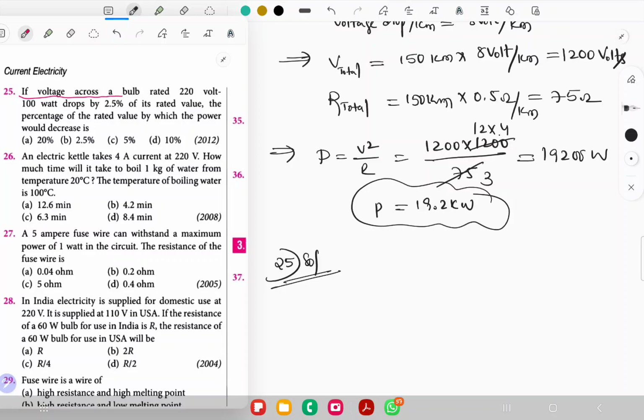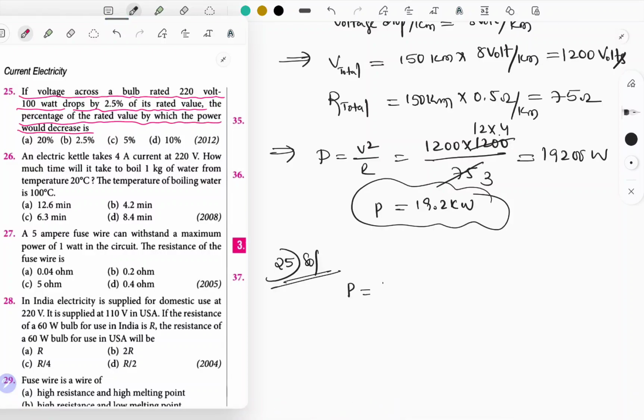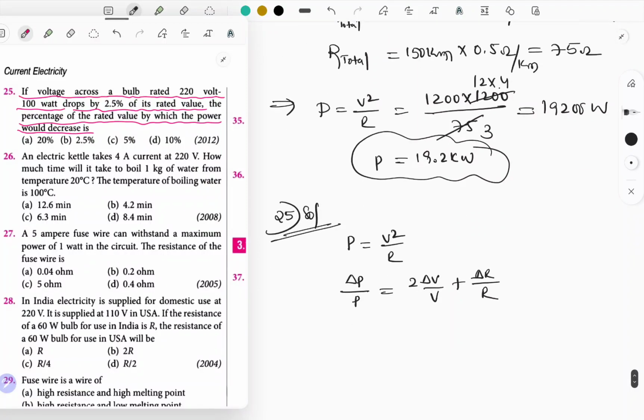If voltage across a bulb rated 220 volts 100 watt drops by 2.5% of its rated value, the percentage of the rated value by which power would decrease is asked. Power formula is V square by R. Then delta P by P, units and measurements concept, is 2 times of delta V by V plus delta R by R. They said only there is a change in voltage.